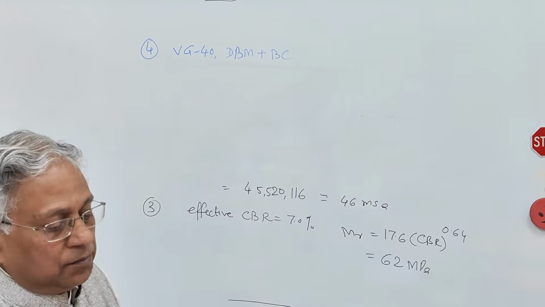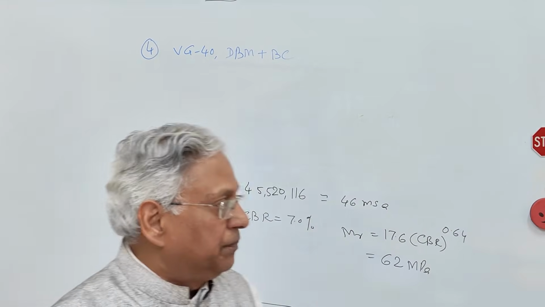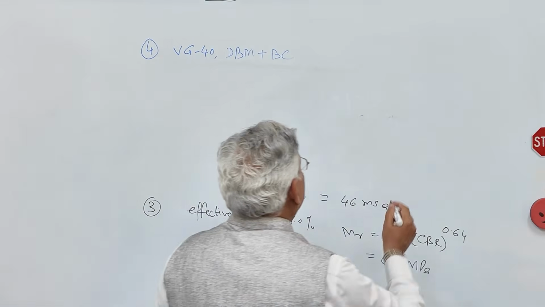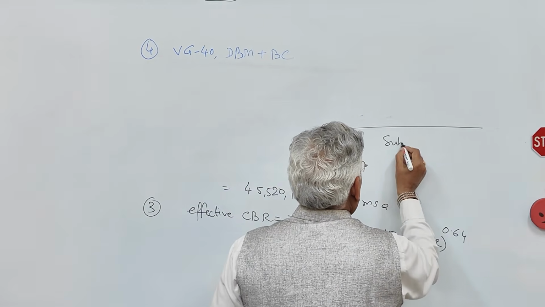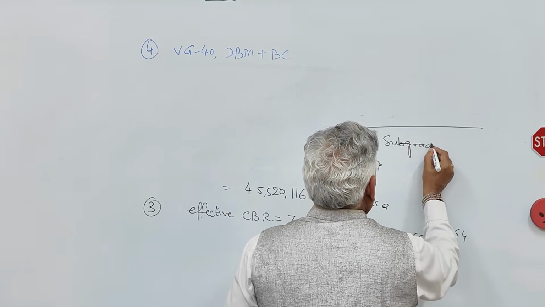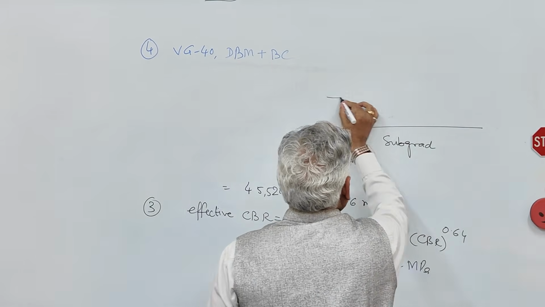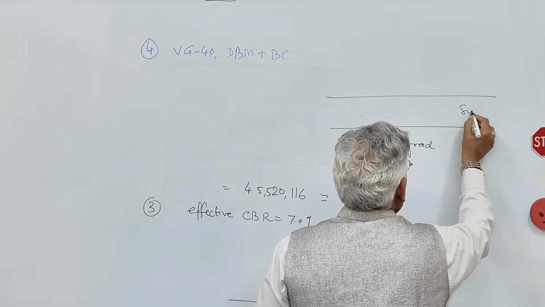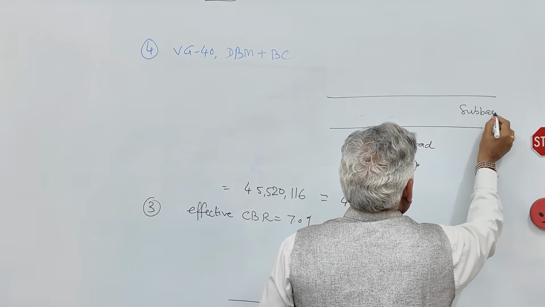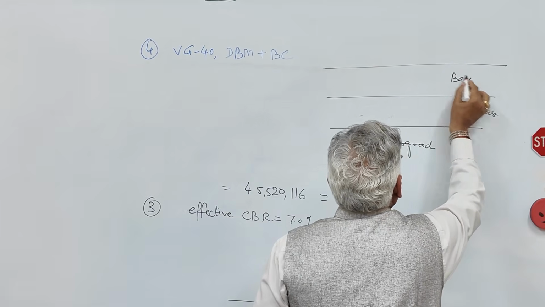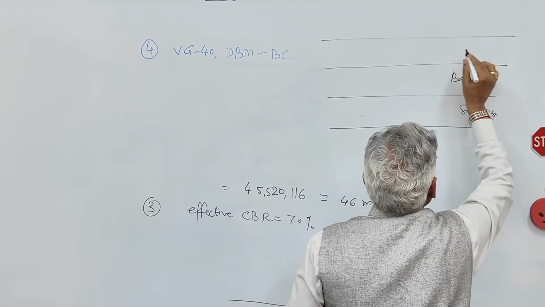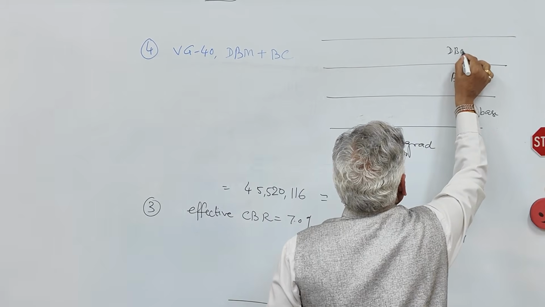So let us assume a pavement section like this: you have the subgrade soil here with an MR value of 62 MPa. Above that you have subbase, then you have base course, and then the bituminous course, that is DBM plus BC.